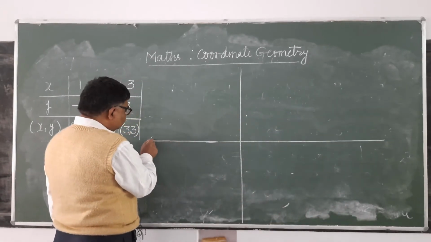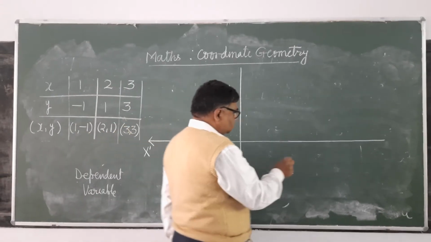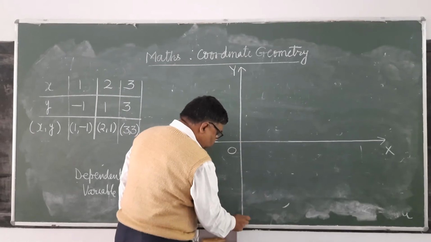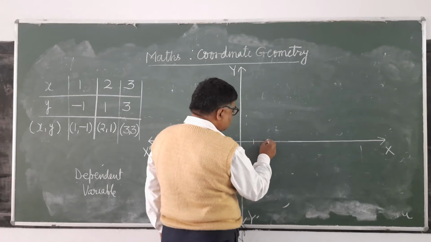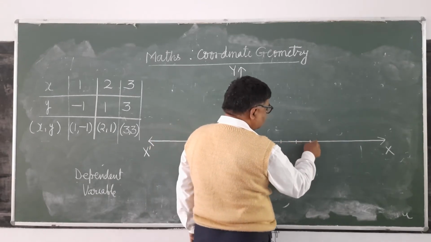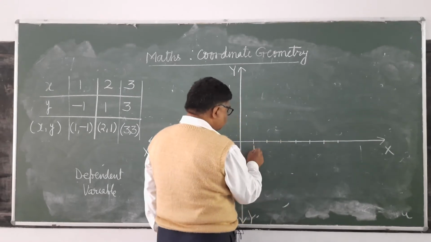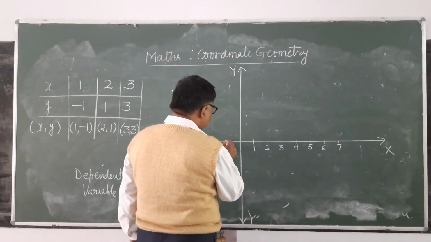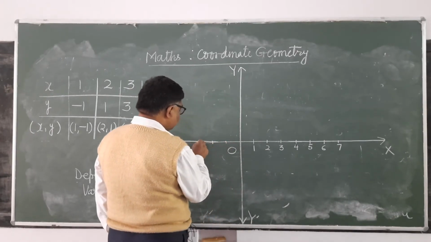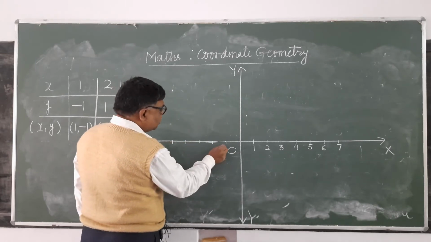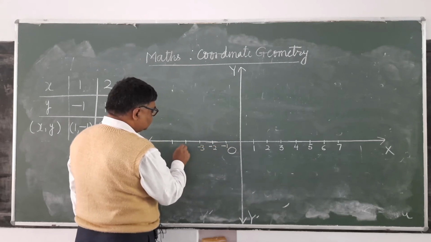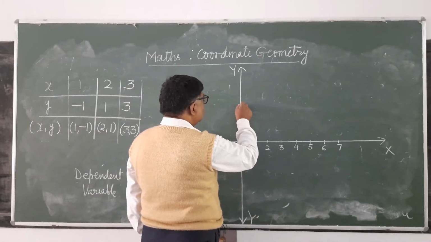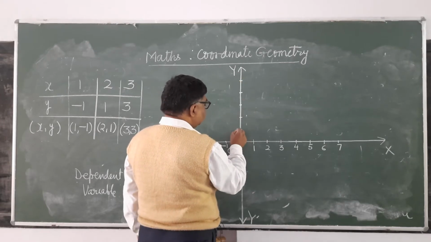The horizontal line is known as the x-axis and the vertical line is known as the y-axis. Mark 1 2 3 4 5 6 7, and here minus 1, minus 2.